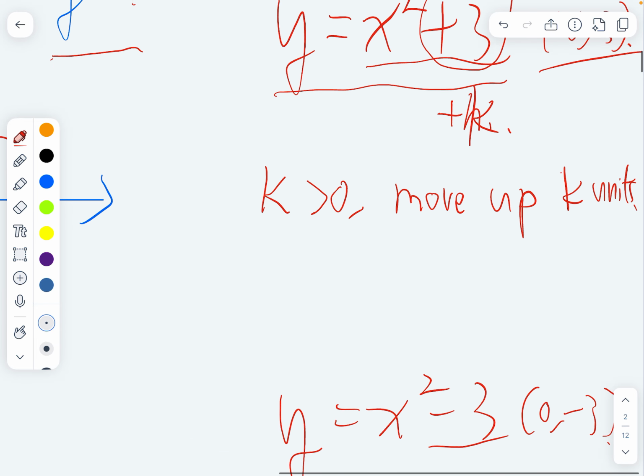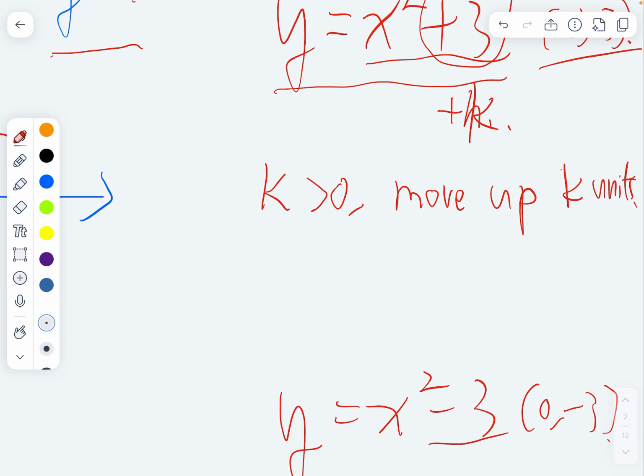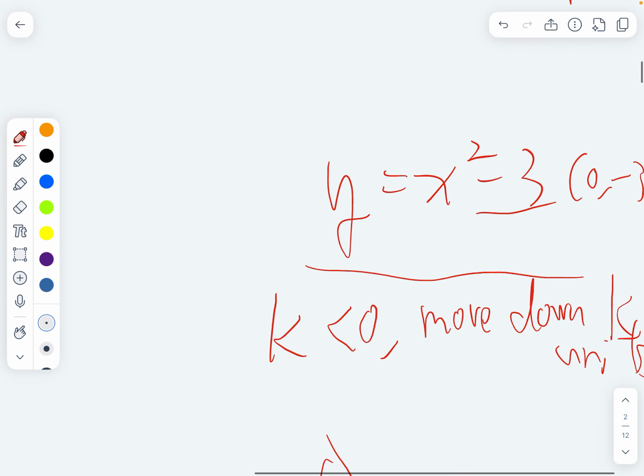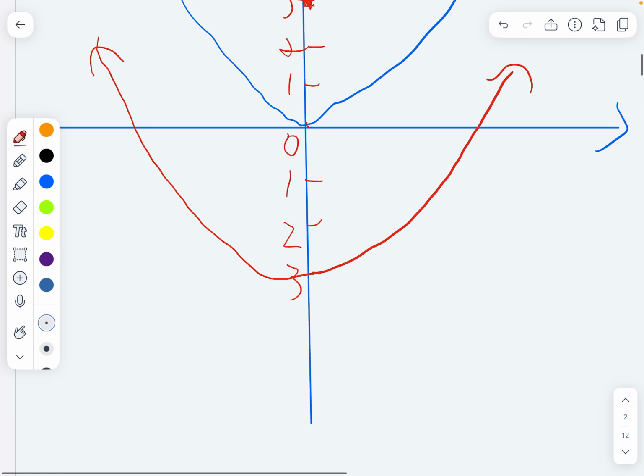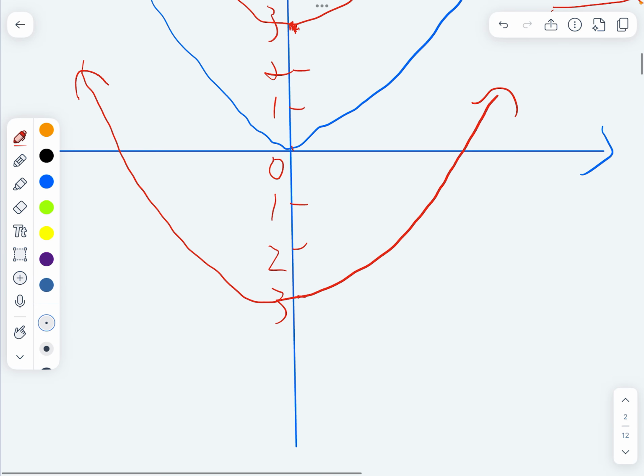Here we can get the conclusion: when k is greater than 0, the graph moves up k units. For this one, the y-intercept is (0, negative 3), so we can draw the y-intercept here.